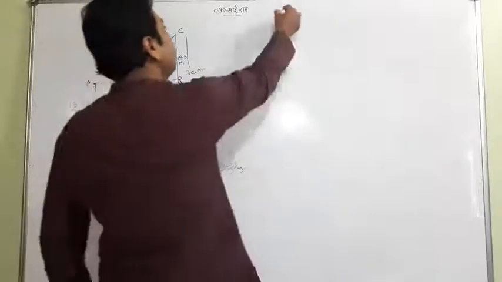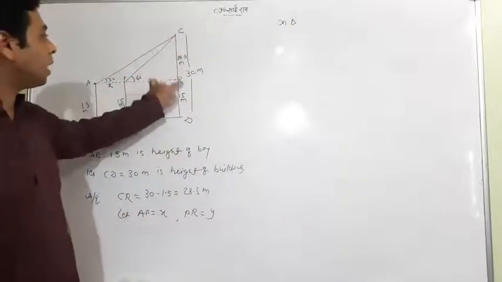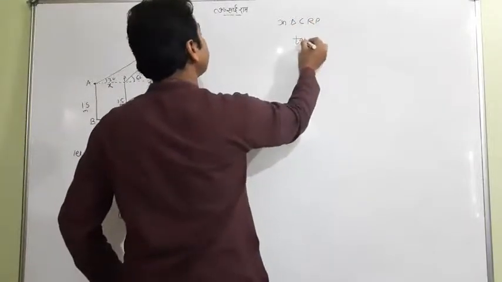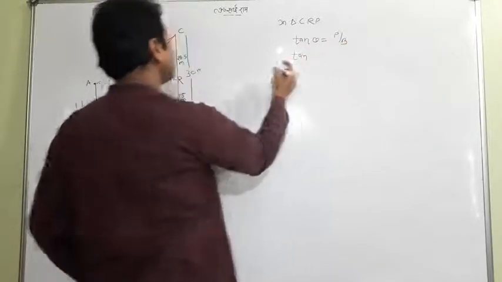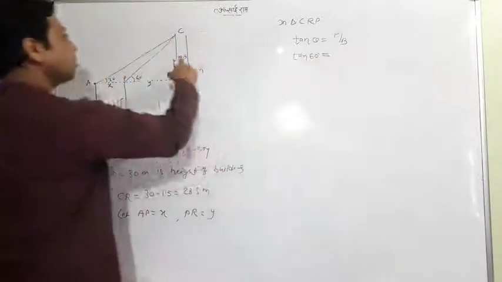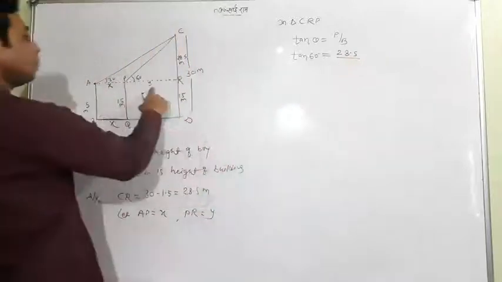So I'll go into a triangle. First I'll take the small triangle, I prefer CRP. Tan theta equals perpendicular upon base. Theta is 60, perpendicular is 28.5 and base is y.